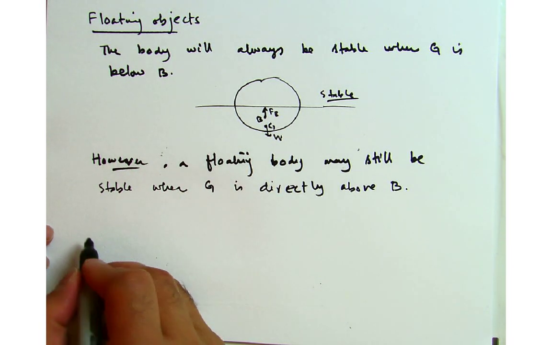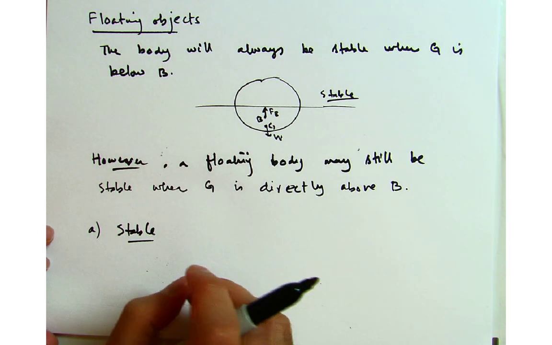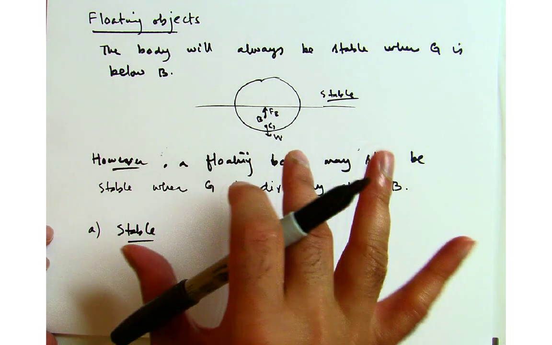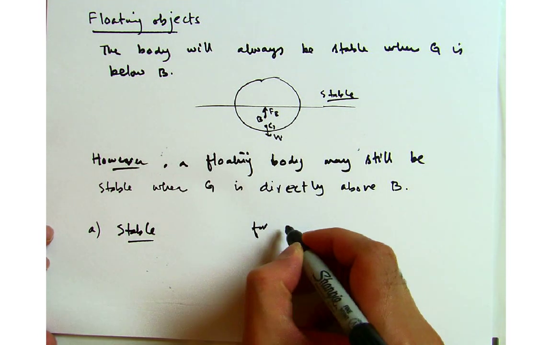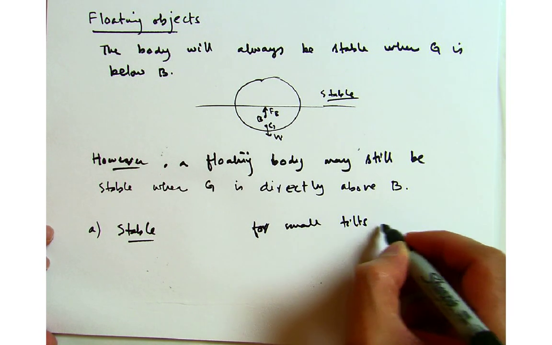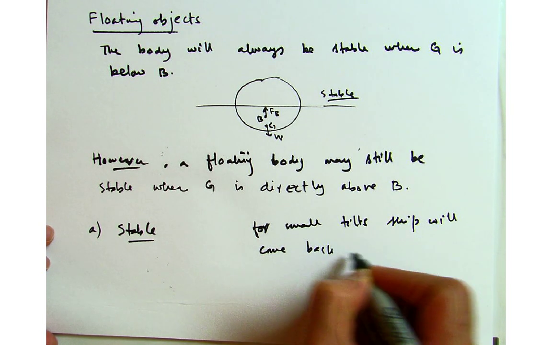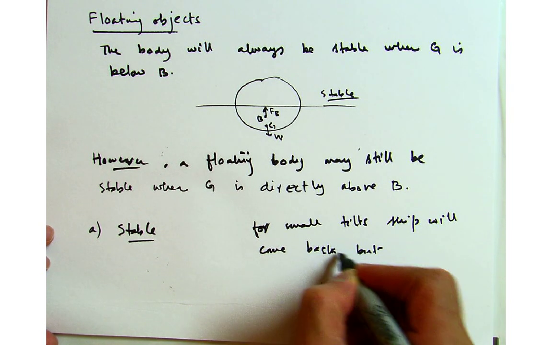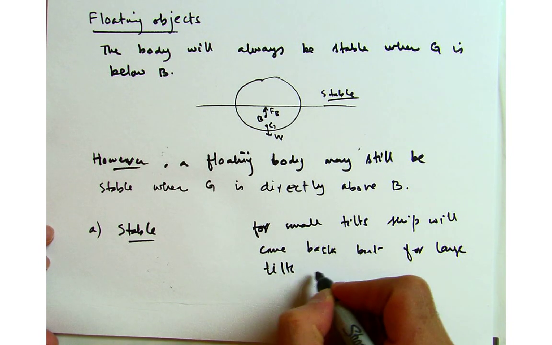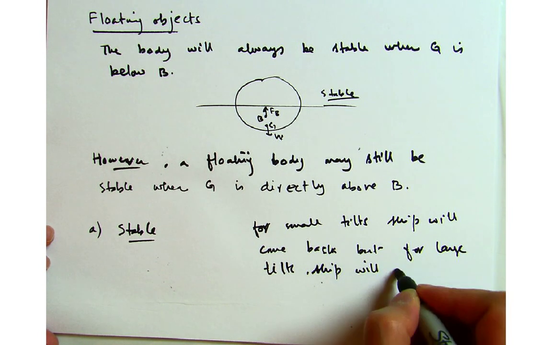So let's look at when they will be stable. For small tilts, the ship will come back, but for large tilts, the ship will capsize.